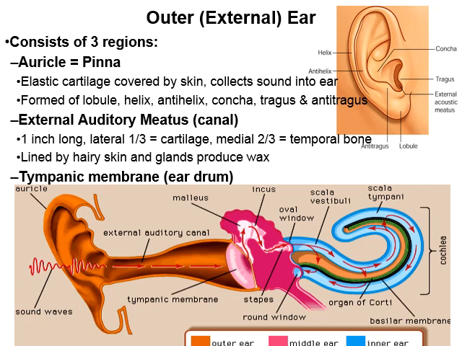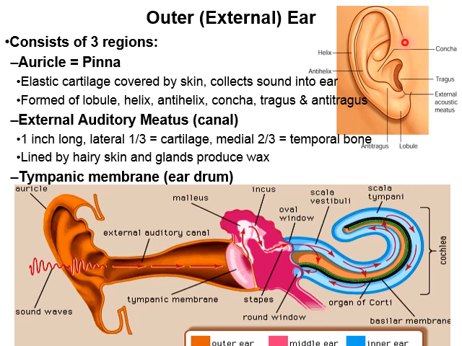Now let's know about the outer or external ear in details. The external ear, here it is in this picture. You see first the auricle or pinna. This structure is important for collection of sounds into the ear. It's made of cartilage covered by skin, and it has several parts.